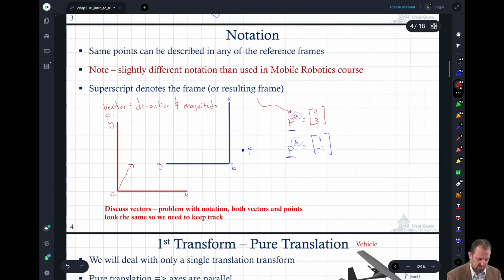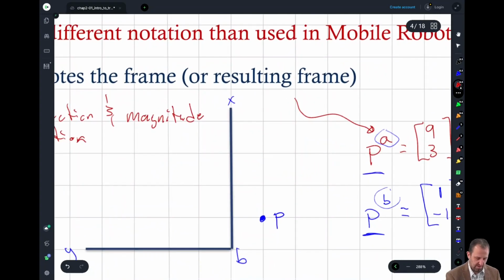We're just going to use a point to define a location. Now, this direction and magnitude could be defined as the difference between 2 points, and we'll use that later.